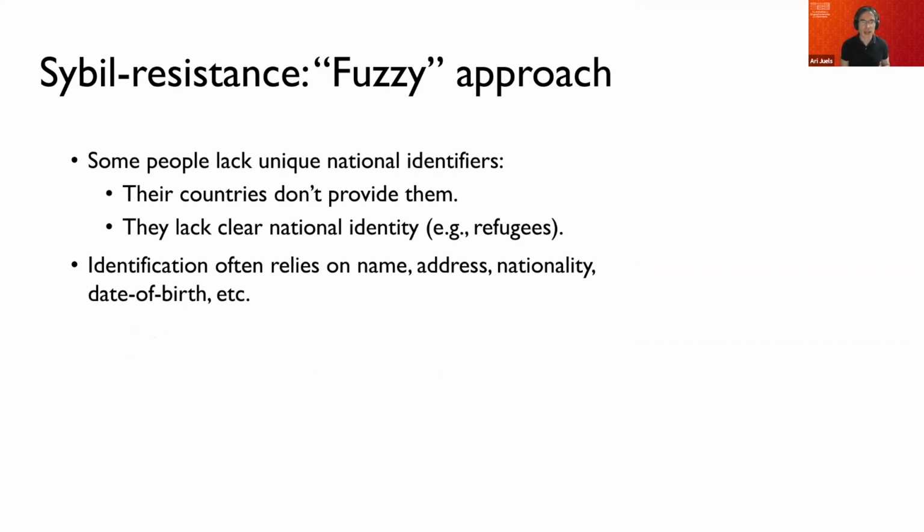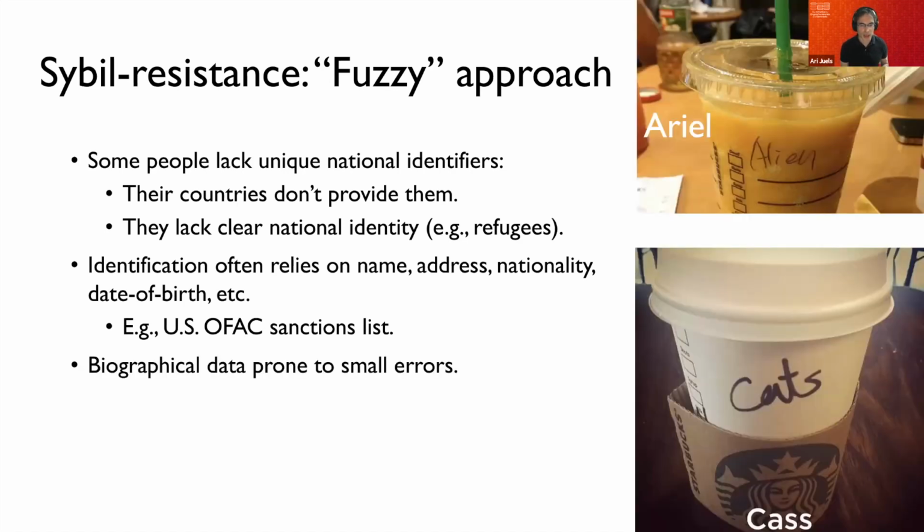The idea here is that a user relies on name and address, nationality, other types of collection of information that's used in a number of contexts to identify users uniquely. For instance, sanctions lists, essentially financial blacklists, will include this information for target individuals.